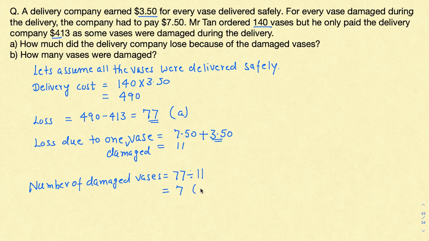Okay, so that answers our part B. Let's write our final answer quickly. So part A is the company lost $77 due to the damaged vases, and part B is there were 7 damaged vases. Okay, that's the answer.